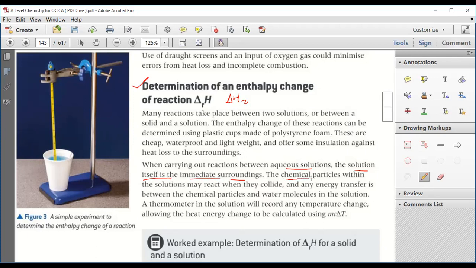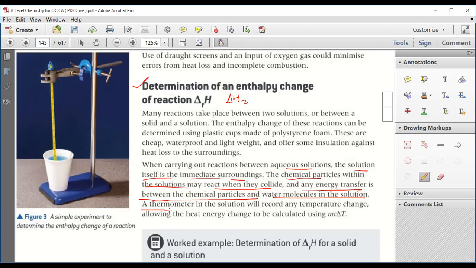The chemical particles within the solution may react when they collide. Any energy transfer is between the chemical particles and the water molecules in the solution.